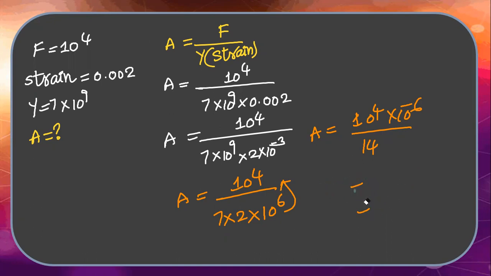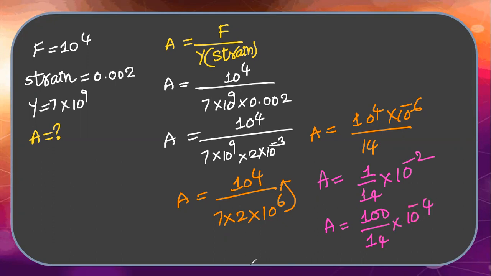This way, whenever we write this, A is equal to 10 power plus 4, 10 power minus 6, will be 1 by 14, 1 by 14 into 10 power minus 2. Or A is equal to 100 divided by 14 into 10 power minus 4.